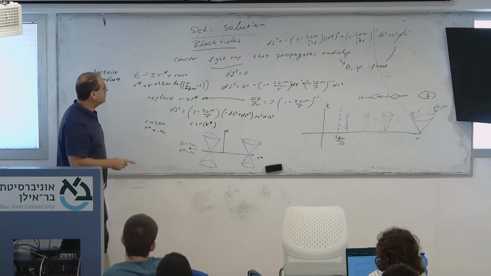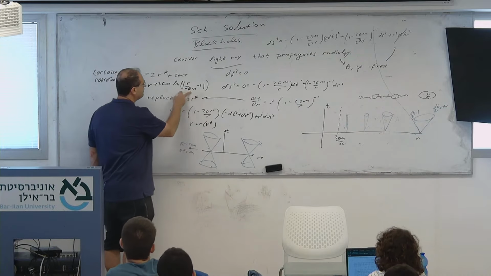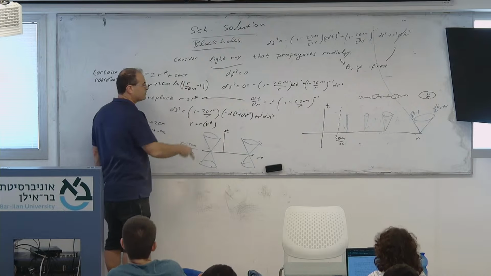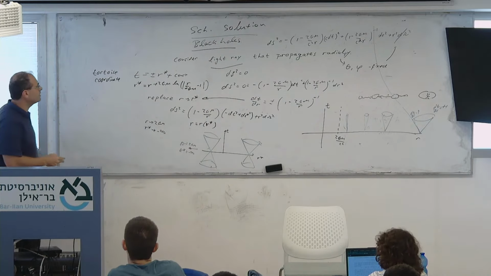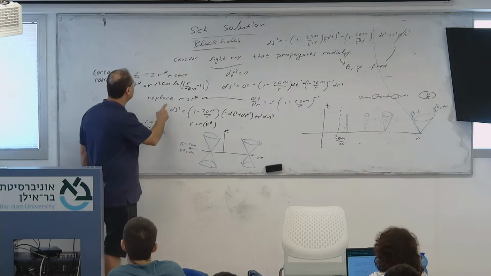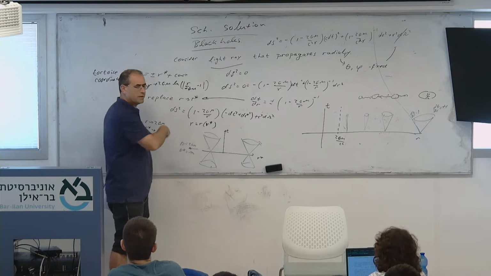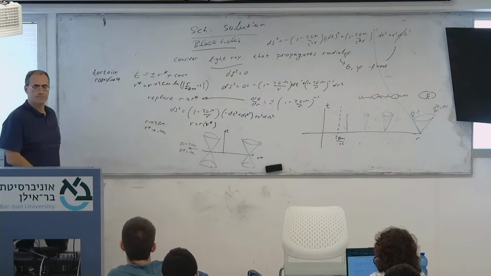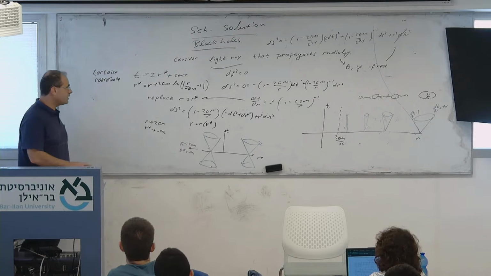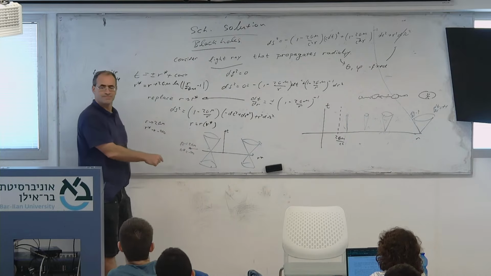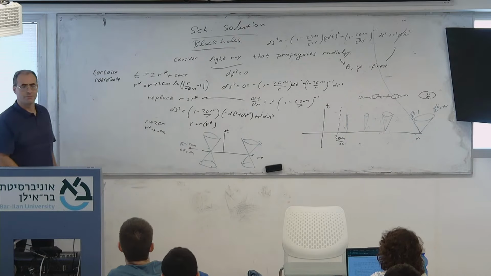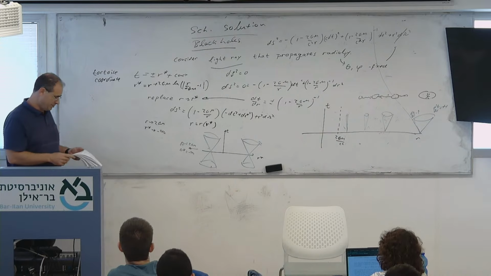And obviously this coordinate, I did put an absolute value here so that it will be mathematically valid, but it doesn't make much physical sense to look at the tortoise coordinate at values smaller than 2GM. But again, you never reach it. You need to go to minus infinity first to reach it. So physically it's pretty good.